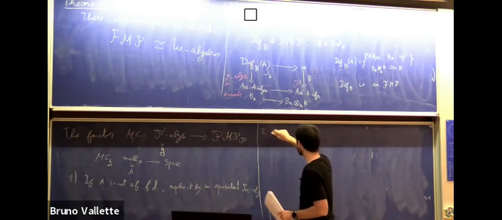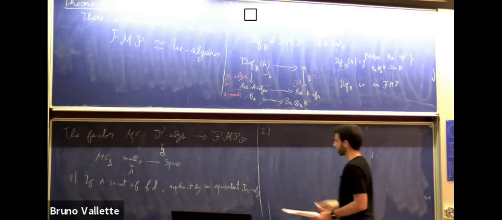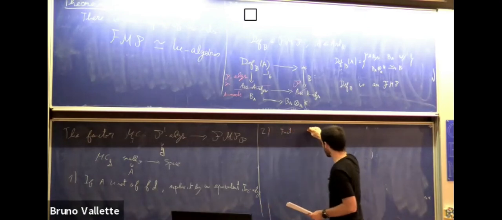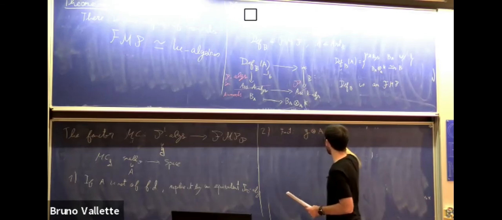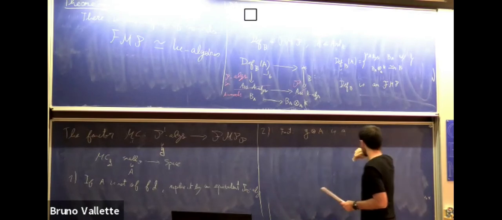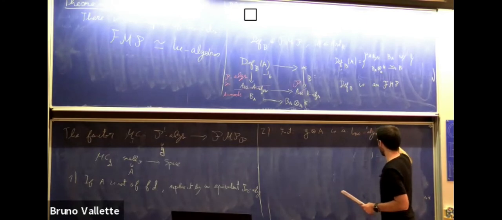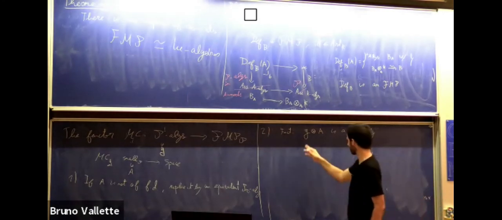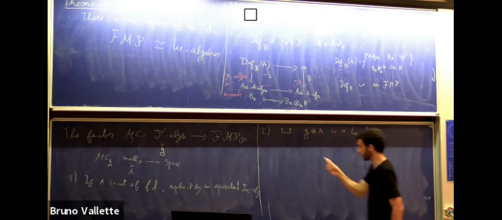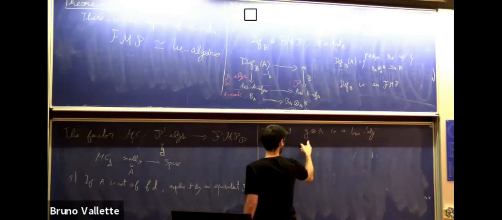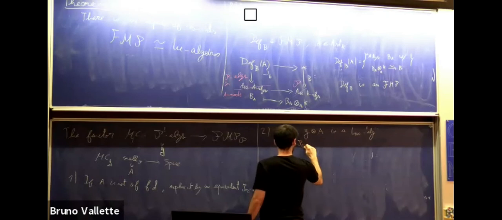Then you use exactly the fact that Bruno was mentioning, which is that g tensor A is an L infinity algebra. It's not very complicated to see why this is the case. This is naturally an algebra over P-Schrick tensor P infinity.